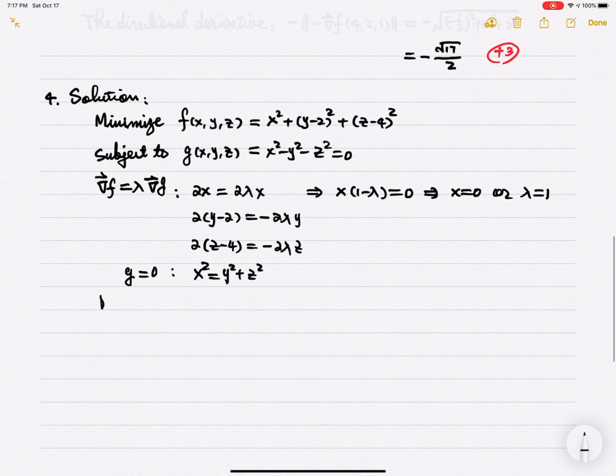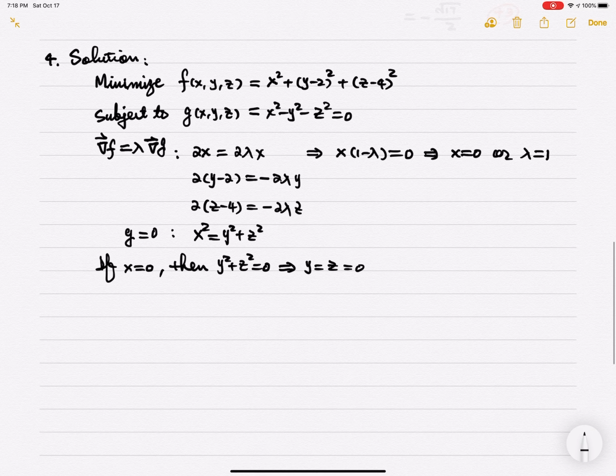First of all, if x equal to 0, then by the last equation, y squared plus z squared has to be 0 because the point must be on the cone. Now this implies y equal to z equal to 0.